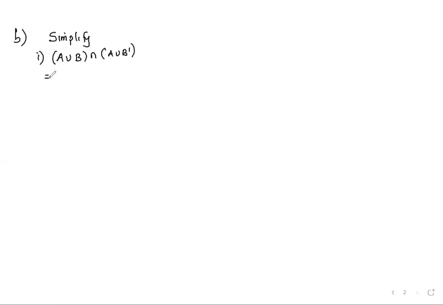You have A union B intersection A, then I'll do union, A union B intersection B complement. That is A union B intersection A.